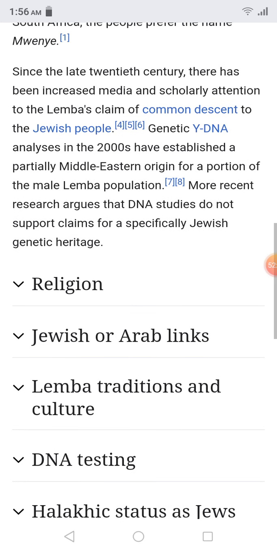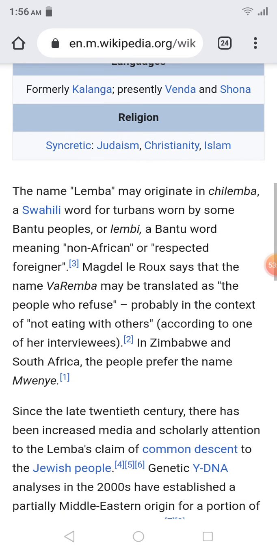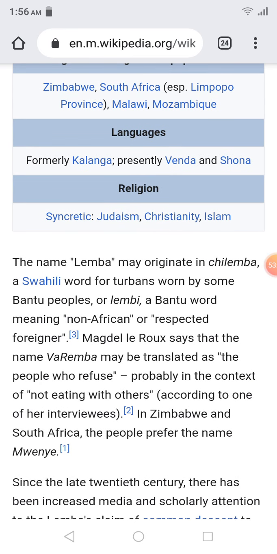So they use the tribe name, and then they use the surrounding area.